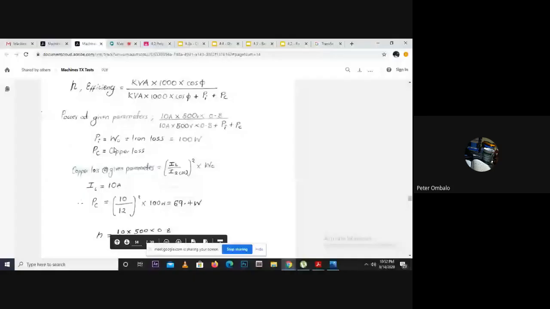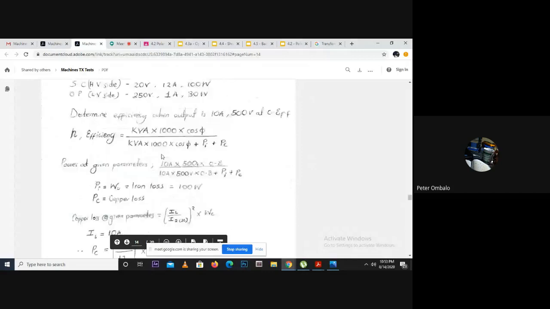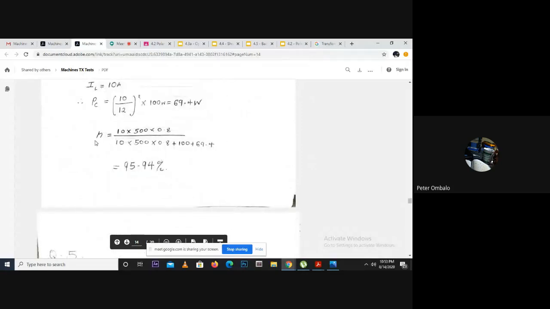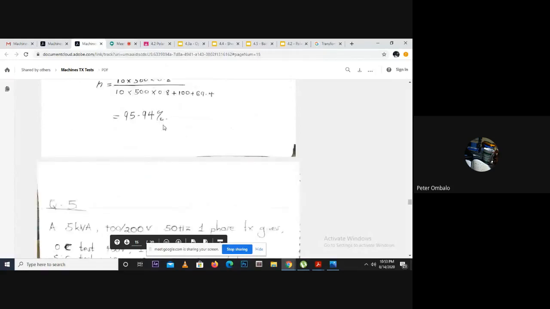So when you plug that in, you find 69.4. We said the iron losses is directly measured during an open circuit test. W naught has been given because it's one of the parameters that we measure when conducting an open circuit test. So this is given directly. So then when we have all that, we can plug them in and get our efficiency, 95.94.